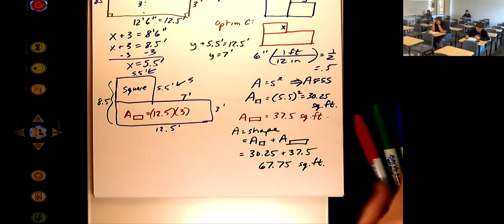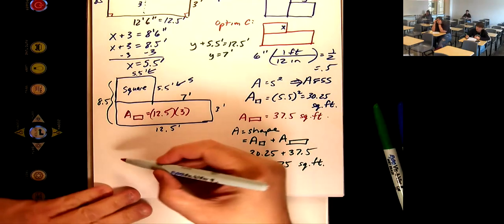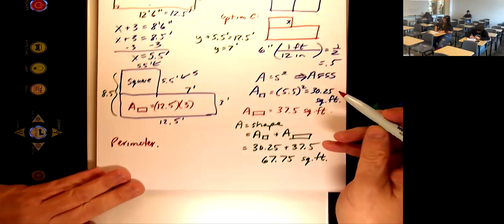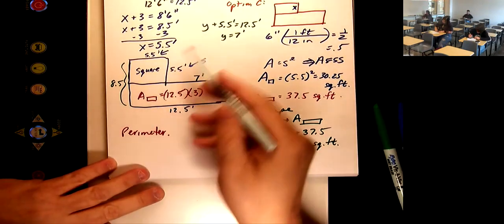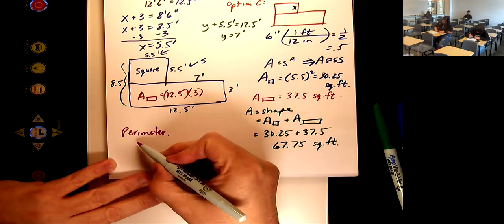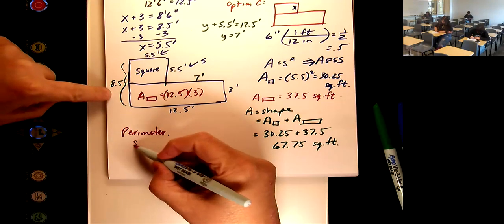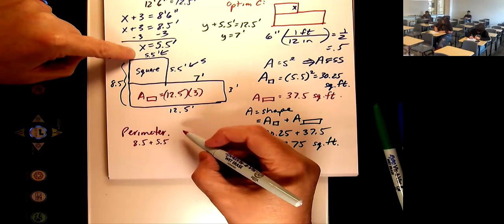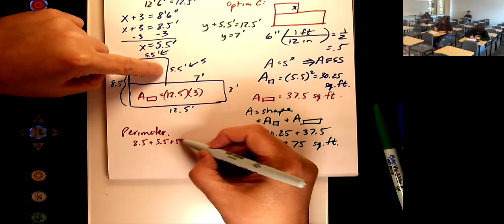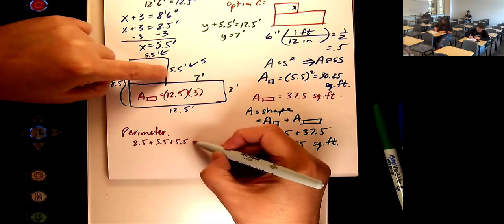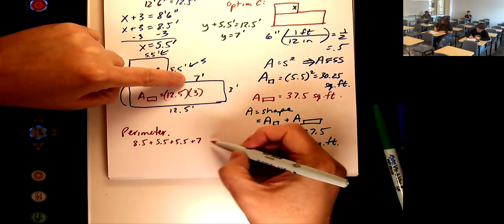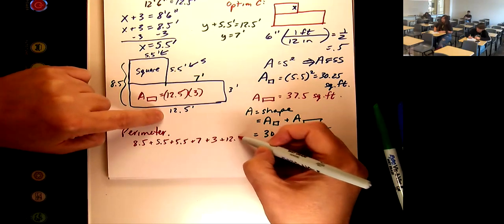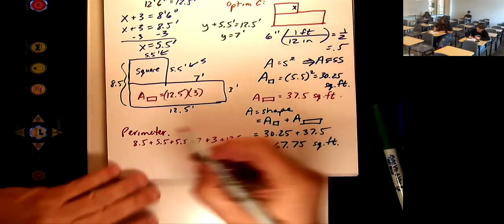Oh, perimeter. We found all the sides. Perimeter is the 8.5 on the left, plus the 5.5 on top, plus the 5.5 here, plus the 7 there, plus the 3 there, plus the 12.5 here. And these are all in feet.